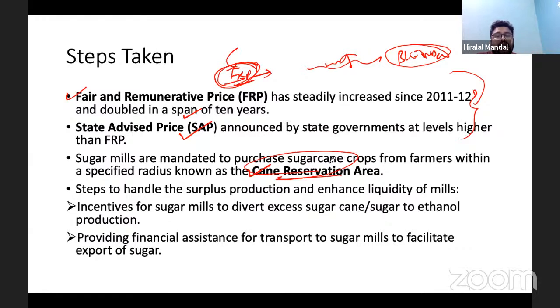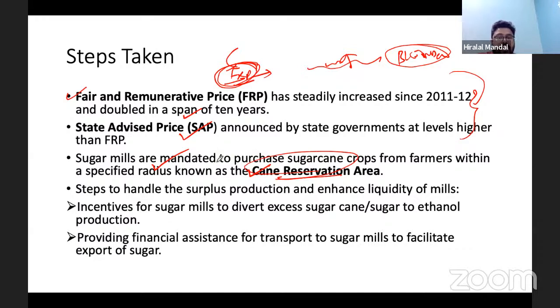Under this, it is mandated that the sugar mills are required to purchase the sugar cane crops within a certain specified radius. All right, so that is there. It is largely because the farmers should not lose the glucose content, and that's how it can help them.